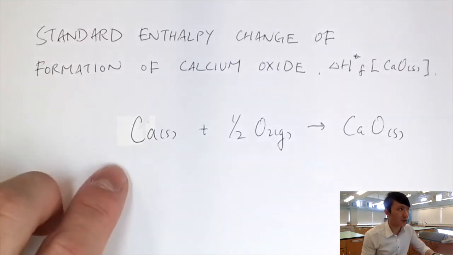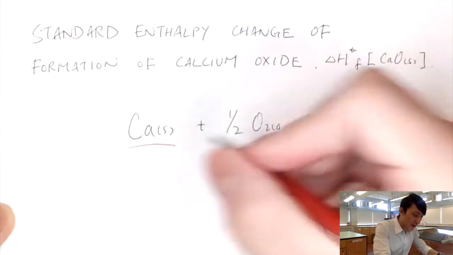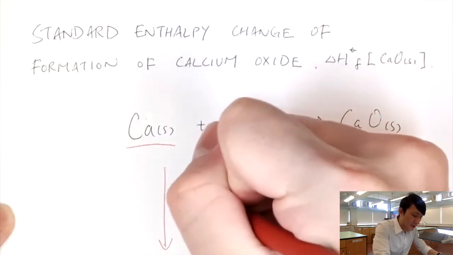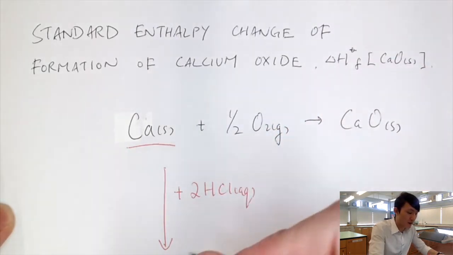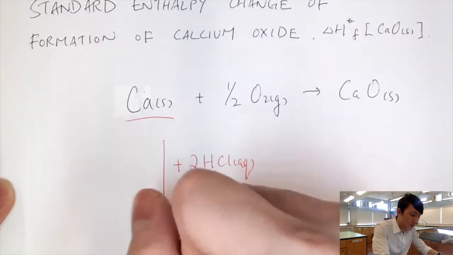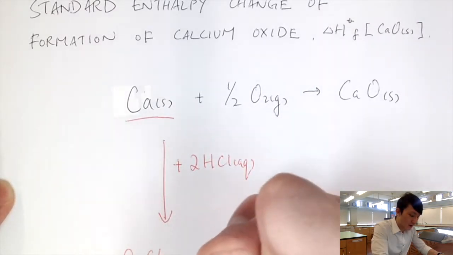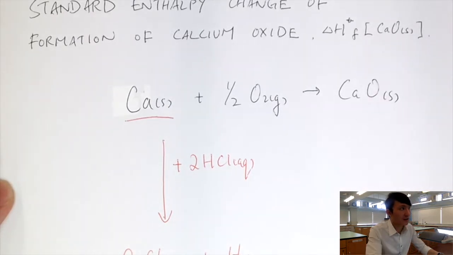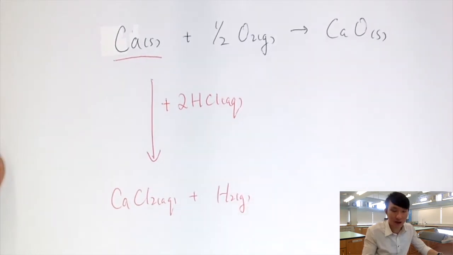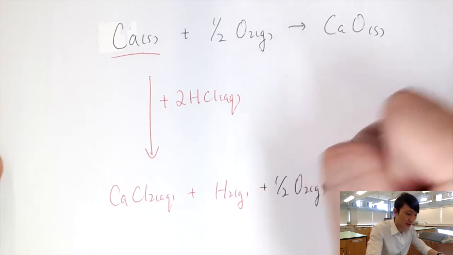We will start from calcium and react it with hydrochloric acid. We need 2 moles of hydrochloric acid. So calcium reacts with hydrochloric acid to give us calcium chloride, hydrogen, and you know that this half mole of O2 doesn't react, so it just stays unchanged like this.